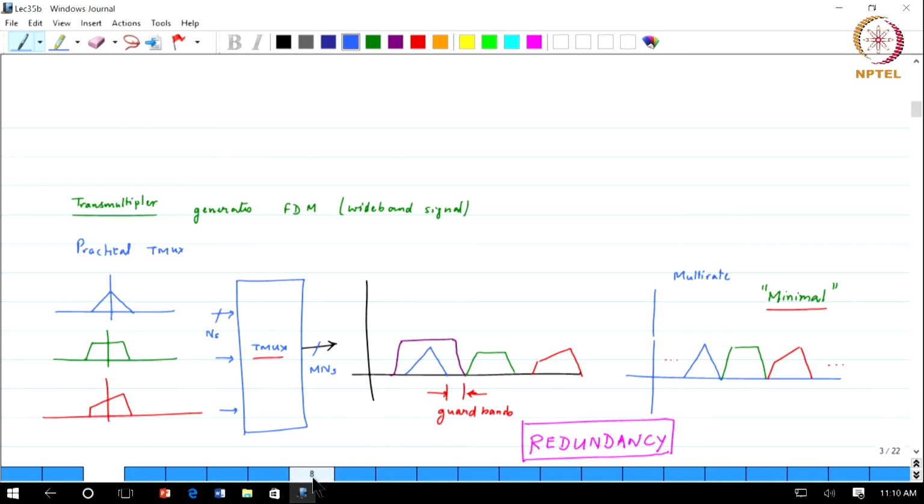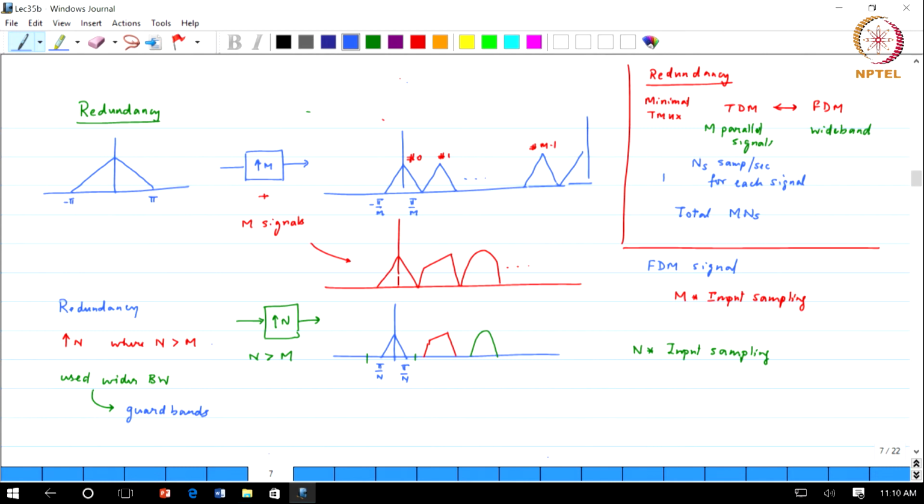So, the minimal transmultiplexer is one where you have this, but if you did upsampling by n, so with redundancy, we are increasing the number of resources. So, it is n times ns where n is greater than m.